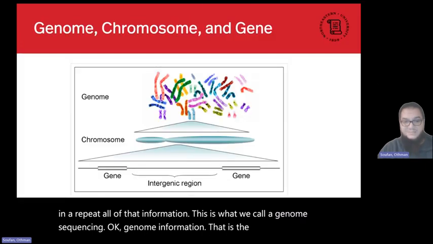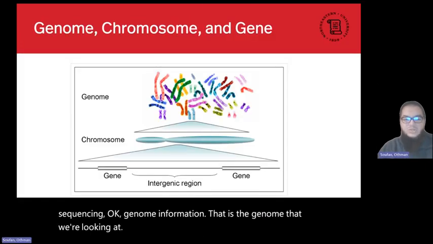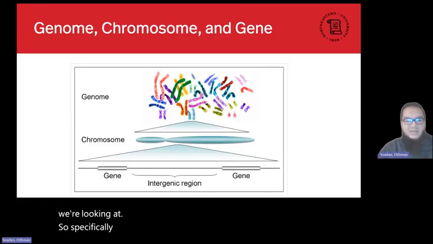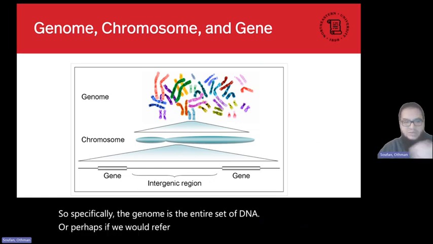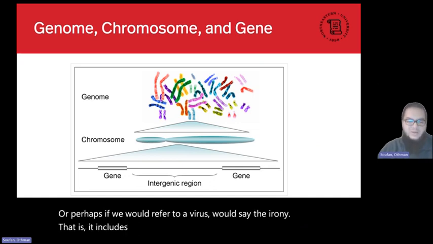That is the genome that we're looking at. So specifically, the genome is the entire set of DNA, or perhaps if we refer to a virus, we'd say the RNA. That is, it includes all of the genetic information of an organism.